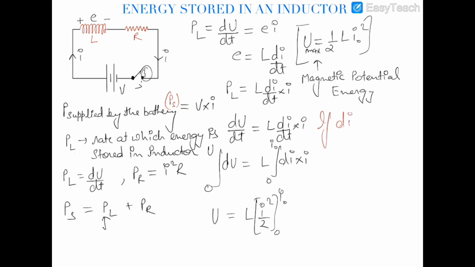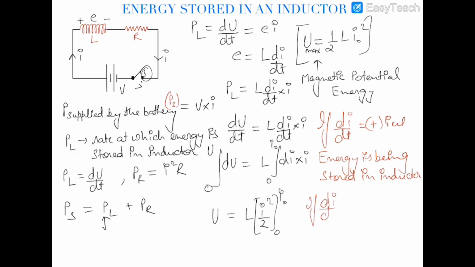So I can say that if dI by dt is positive, which means I is increasing, then energy is being stored in the inductor, and if dI by dt is negative, then the inductor would release this energy, and the inductor would act as a source of energy, and it will lose all the energy.